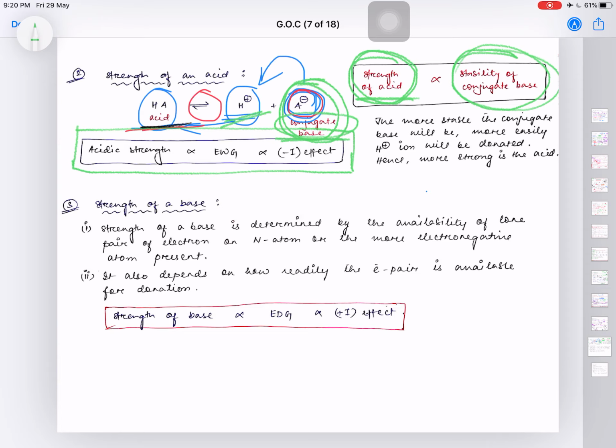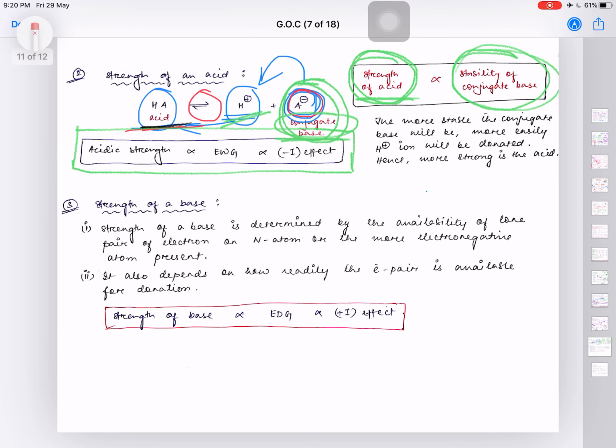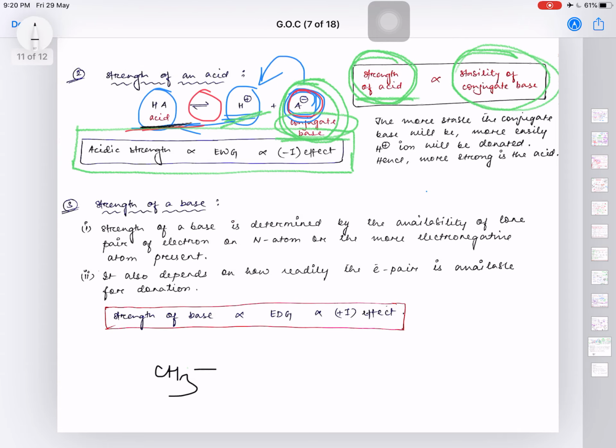Let us take this example, the easy one: CH3COOH. This is acetic acid.